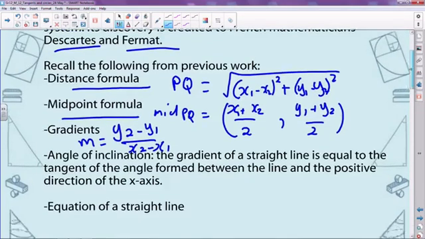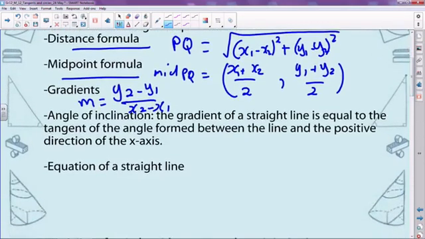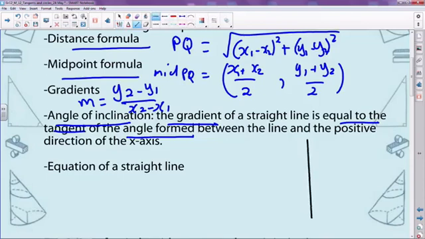Now the angle of inclination, this is something that you've heard of before as well. To work that out, you first need to work out the gradient of your straight line. The gradient of a straight line is equal to the tangent of the angle formed between the line and the positive direction of the x-axis. Okay, so this is what that means. I've got my y-axis and my x-axis.